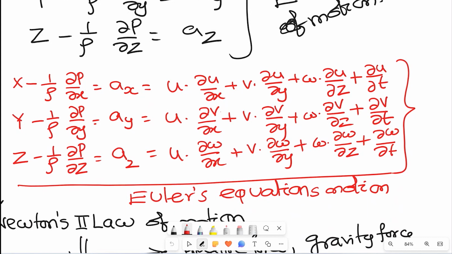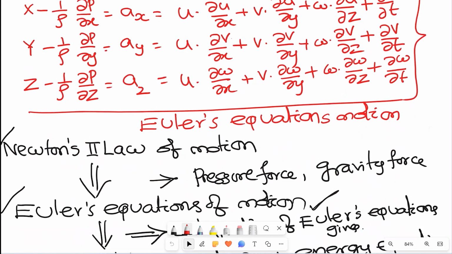So therefore X minus 1 by rho dou p by dou x is equal to ax is equal to u dou u by dou x plus v dou u by dou y plus w dou u by dou z plus dou u by dou t. Similarly the other two. Now this is called Euler's equations of motion, and you are supposed to write up to this.